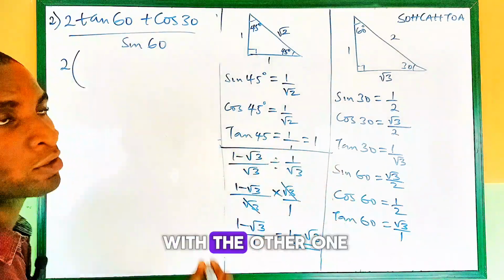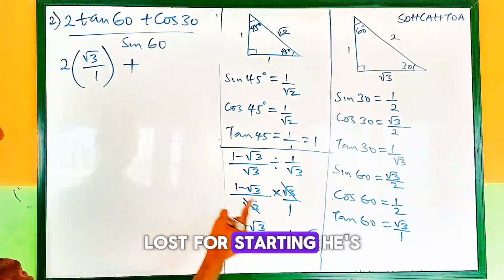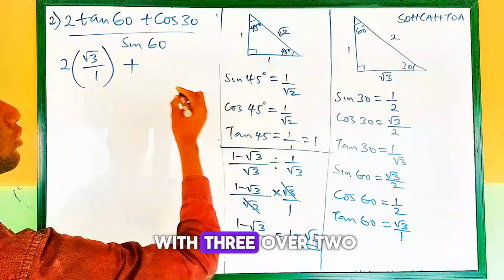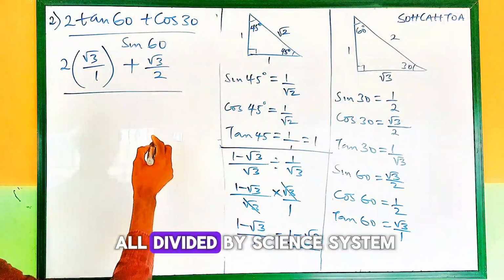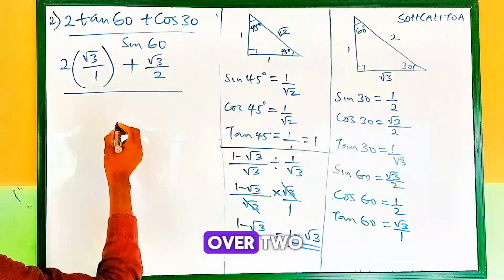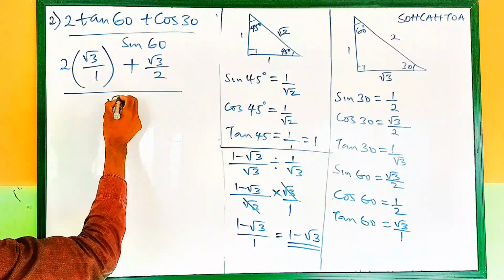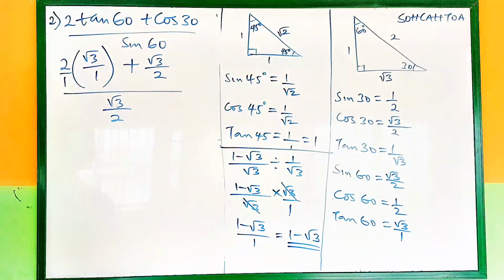Tan 60 is root 3 over 1, plus cos 30 is root 3 over 2, all divided by sine 60. What is sine 60? That is root 3 over 2. So this 2 is 2 over 1.